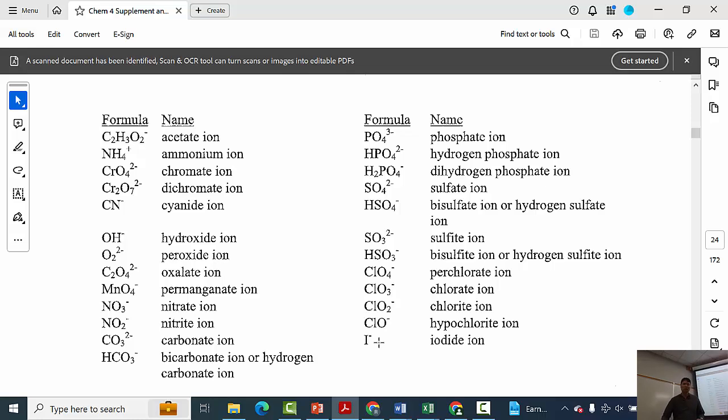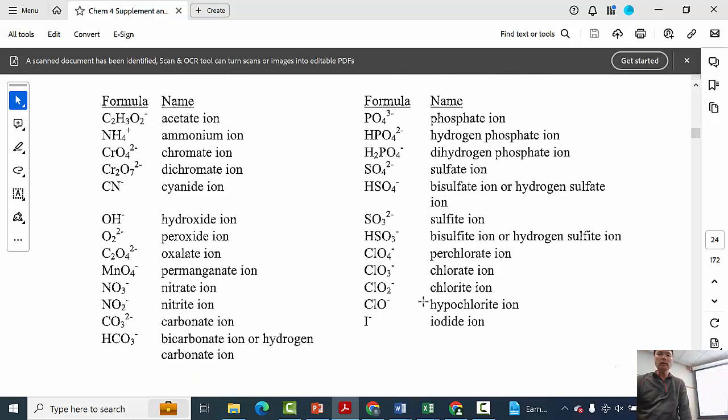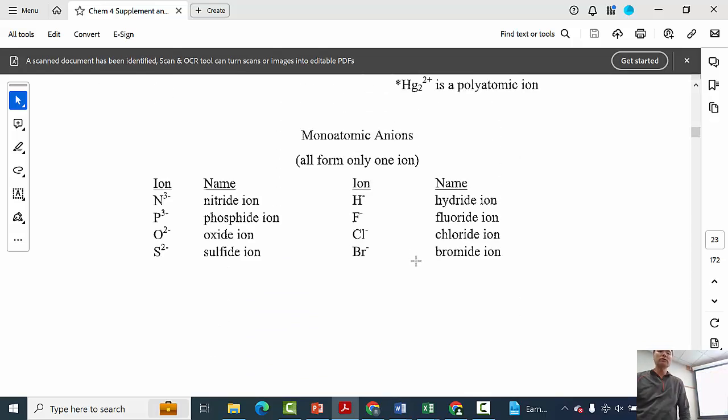And so, all right, let's continue this here. What we want to do is minimize the amount of memorization. So we talked about the ides here. All we do is look at the element, its position in the periodic table, and we can get the charge, and we can get the name by changing it. And so the monatomic anions are like this. They're all the ides. There are some ides that we have to memorize.